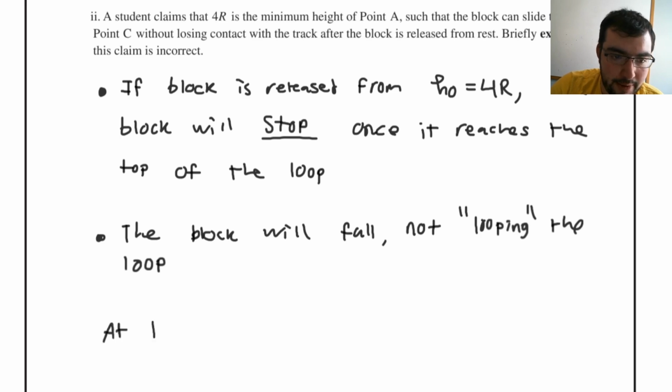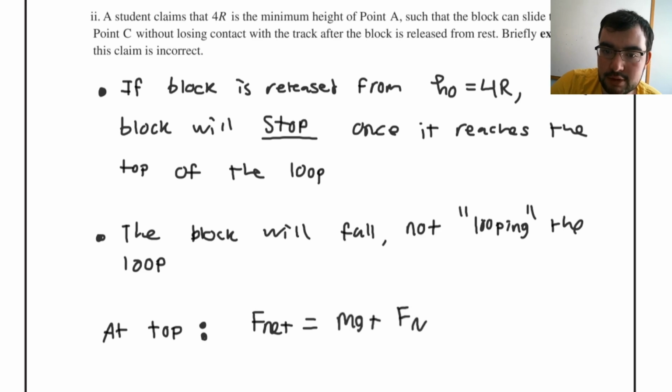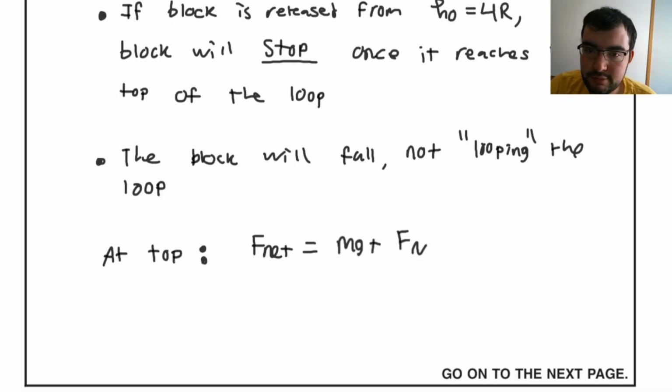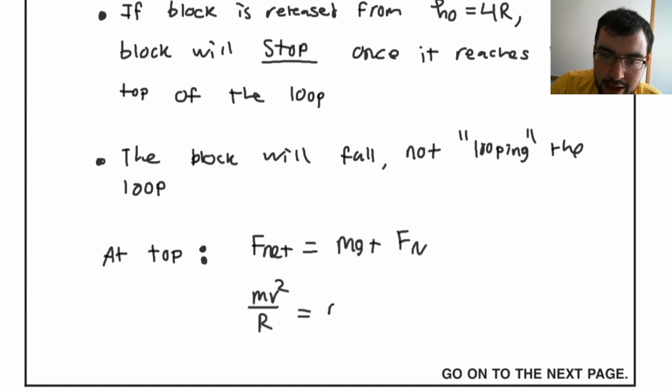The other way of seeing it is that at the top, we have F net equals mg plus F normal force. And since this is a centripetal force, we'd say F net is mv squared over r, equal to mg plus F normal, which we're going to say goes to 0 at the point of minimum looping.